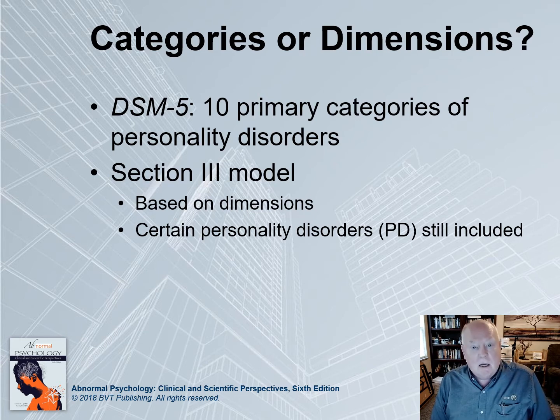The personality disorders include 10 different personality disorders in 3 clusters. The clusters only represent similarities of behavior, and there is no particular closeness within the clusters to the various disorders. There is a new section we'll talk about at the end called Section 3, which starts to integrate the idea of personality and personality disorders.